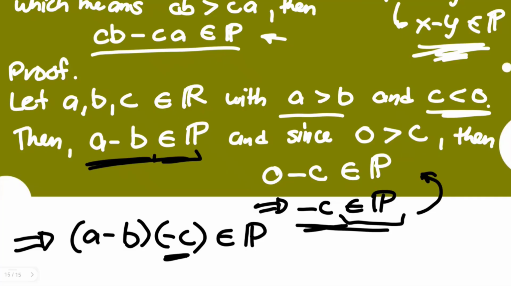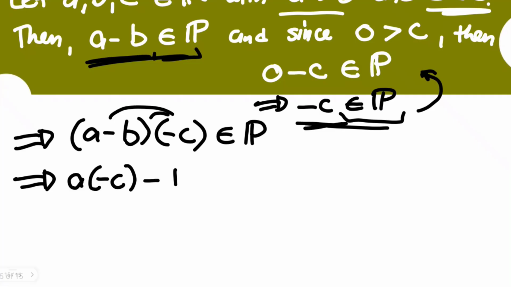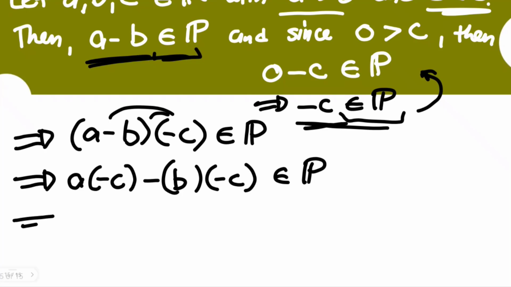So after that, the point of doing this is that once we multiply them, let me multiply using the distributive property. I have here a times negative c minus b times negative c. As mentioned, it's still a positive real number. Now let me continue multiplying them.